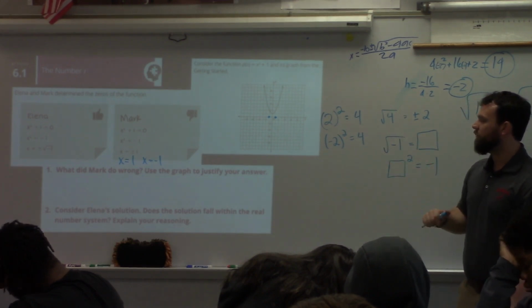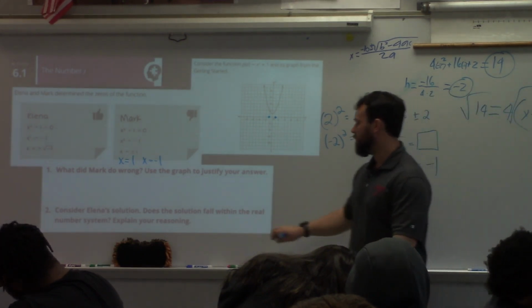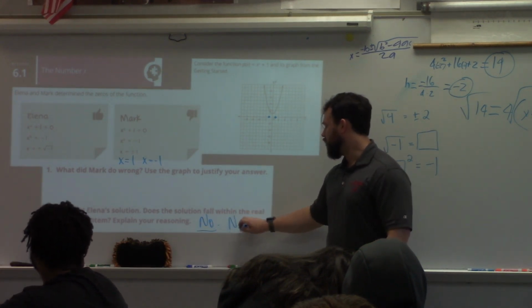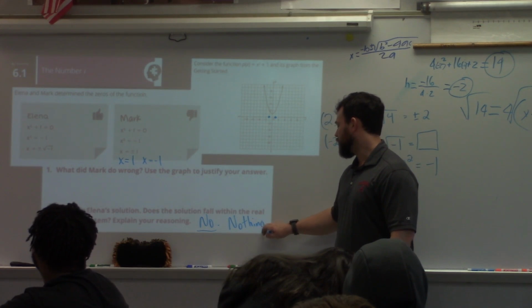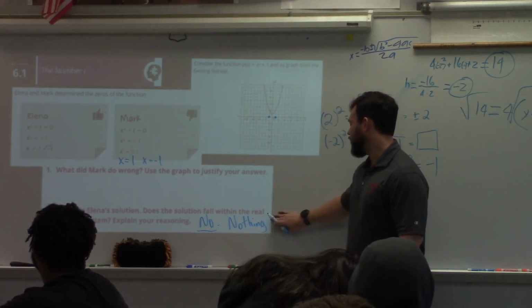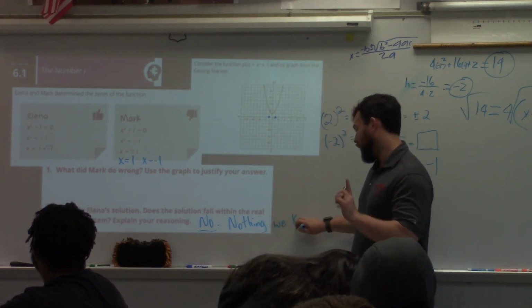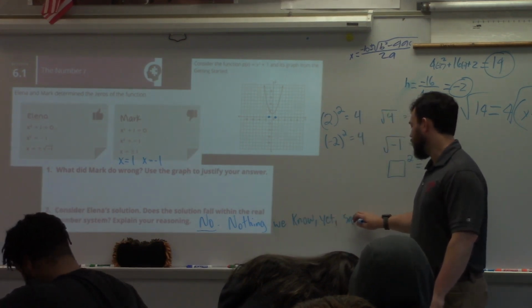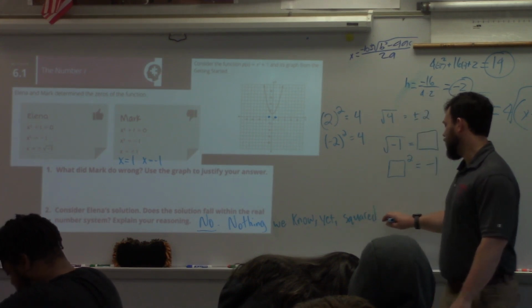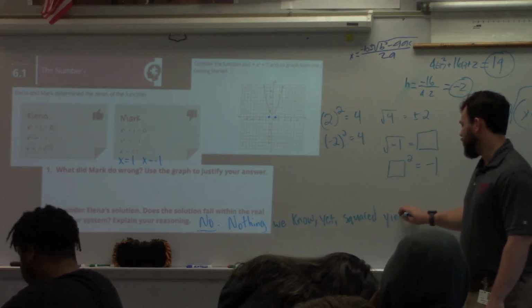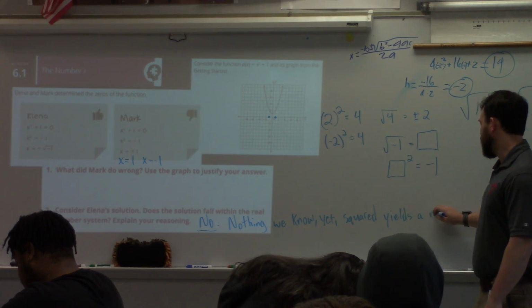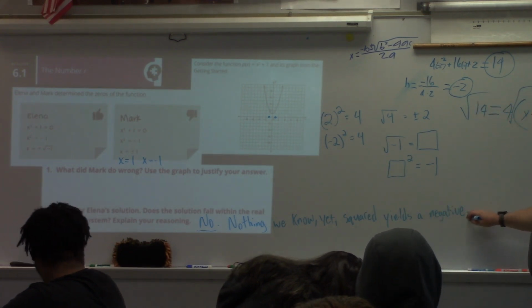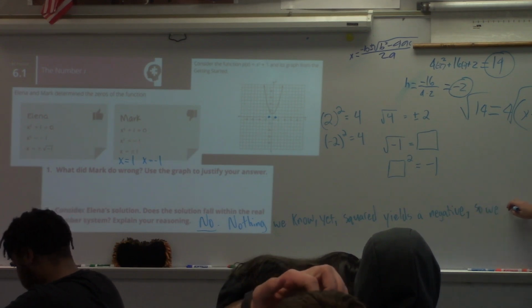So does the solution fall within the real number system? No. Actually, let's clarify that. Nothing we know yet squared yields a negative. So we don't know the square root of a negative.